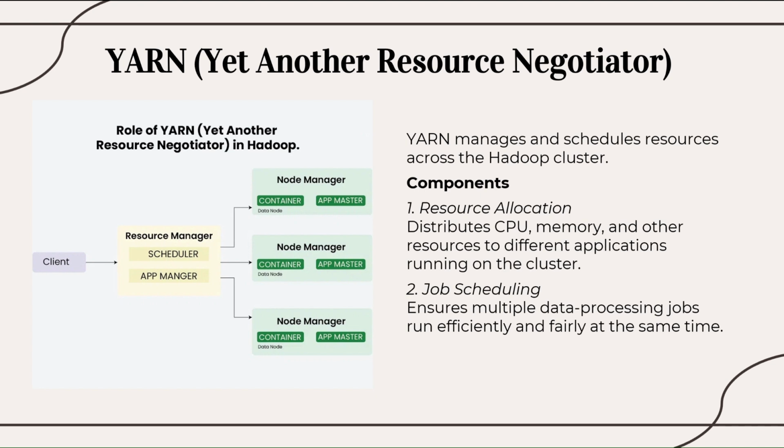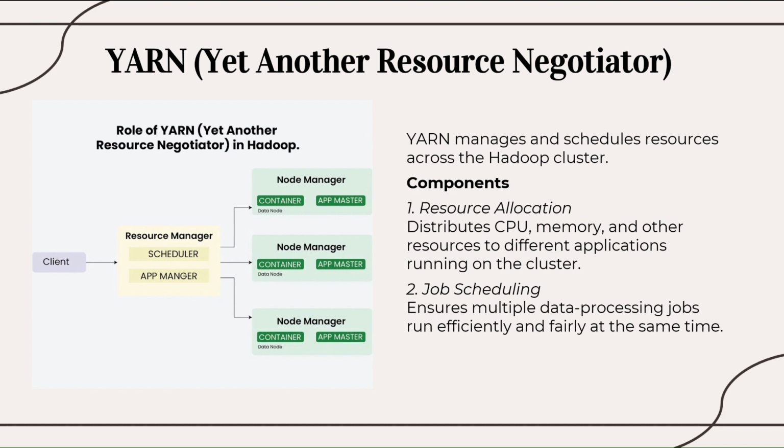And secondly, job scheduling. It makes sure that multiple tasks run smoothly and efficiently at the same time. YARN made Hadoop much more flexible, allowing not just MapReduce but also other big data frameworks like Apache Spark to run on the same cluster.